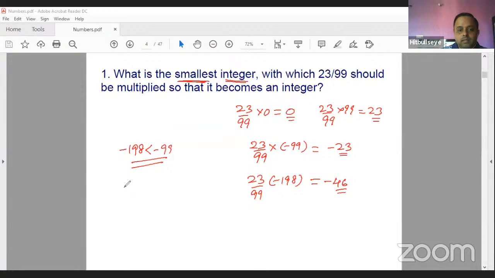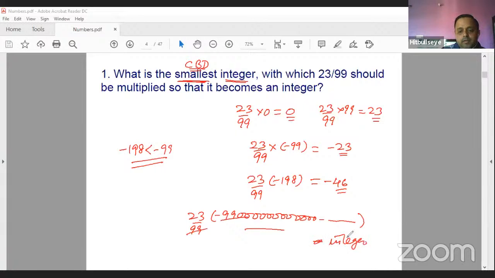Obviously, the minimum or the smallest cannot be found, cannot be determined. The reason being, I can take this number as small as possible. Just keep on writing the zeros for the rest of your life, and even then you will get an integer at the end.